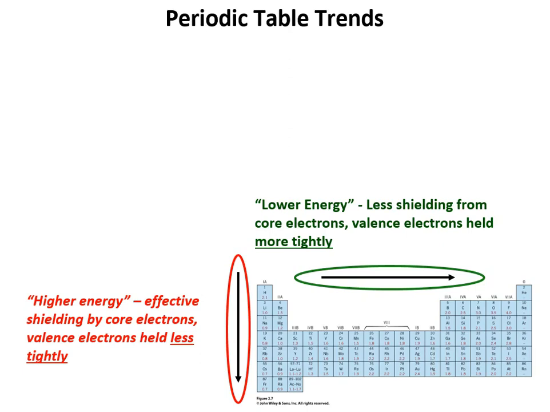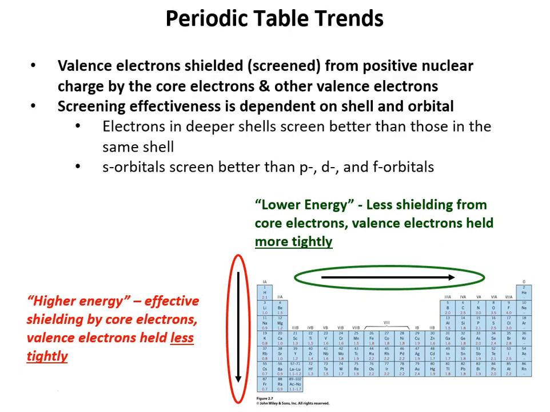You actually get an increase in reactivity, but this time in the other direction of wanting to gain an electron. But the trends basically still hold and are a function of how well the electrons shield one another.